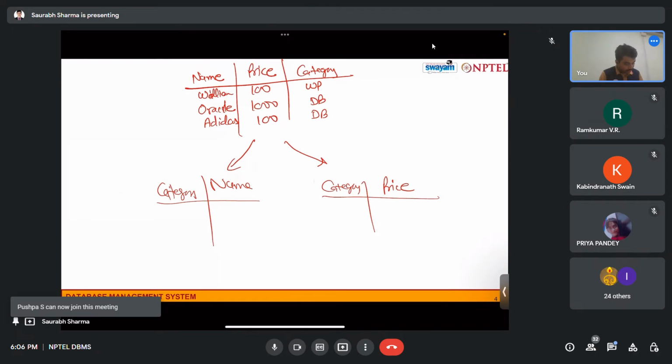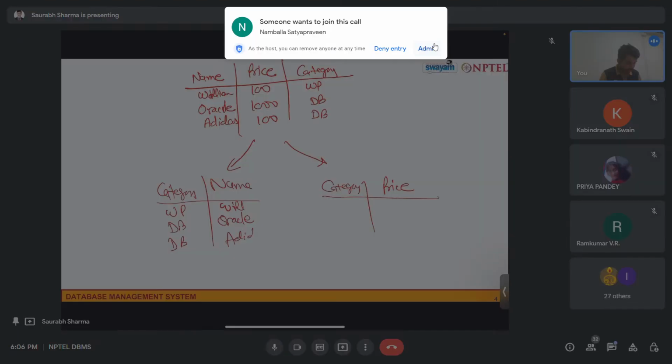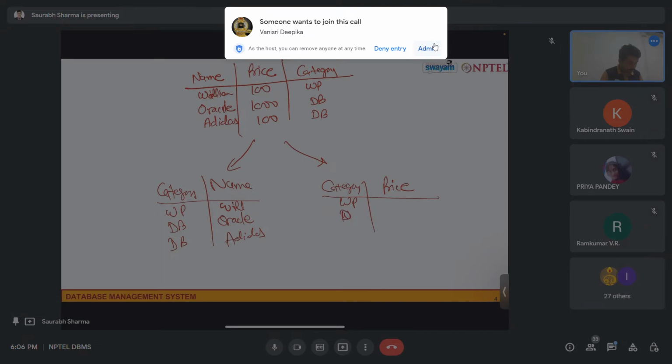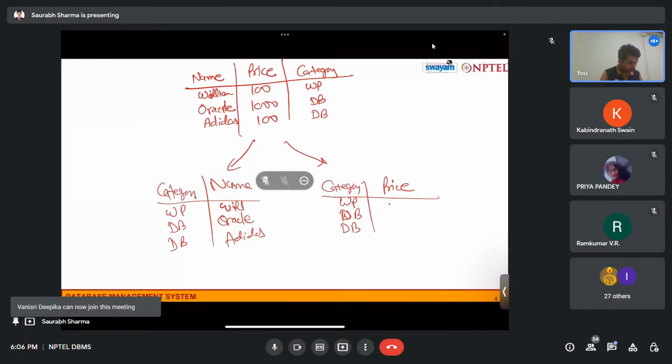There are two categories, but there will be multiple entries. For WP the name is Williams. For DB there is Oracle, there is Adidas. Same for WP and DB, there is 100,000 and 100.